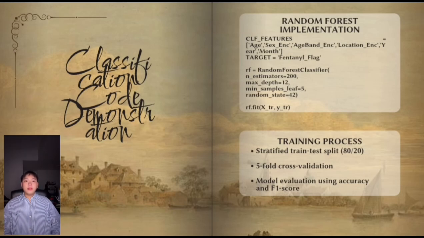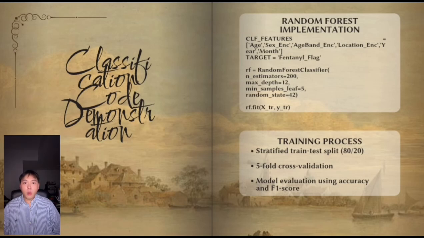We also set the minimum number of samples per leaf node to 5, which helps ensure that the model generalizes well to new data. The dataset was then split into training and testing sets using an 80 to 20 ratio.